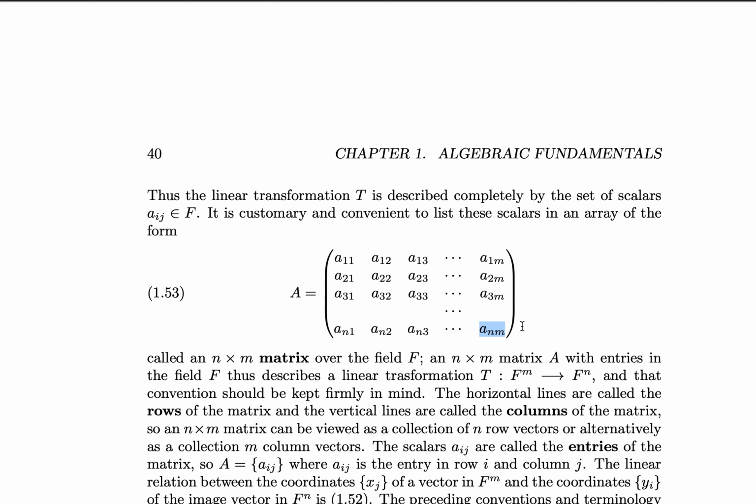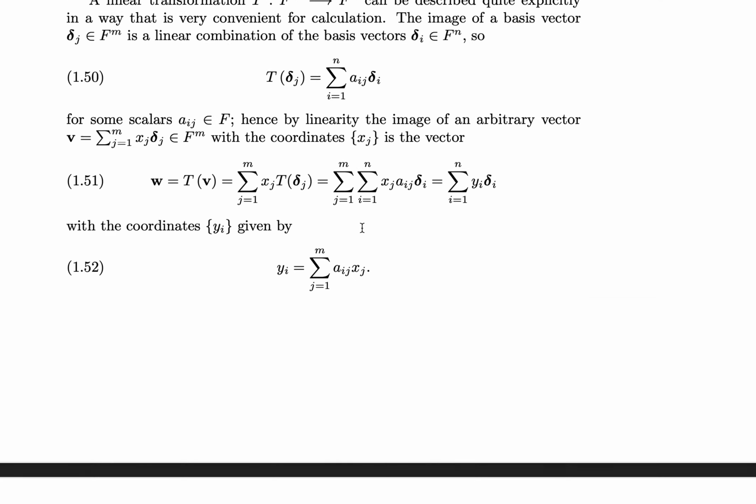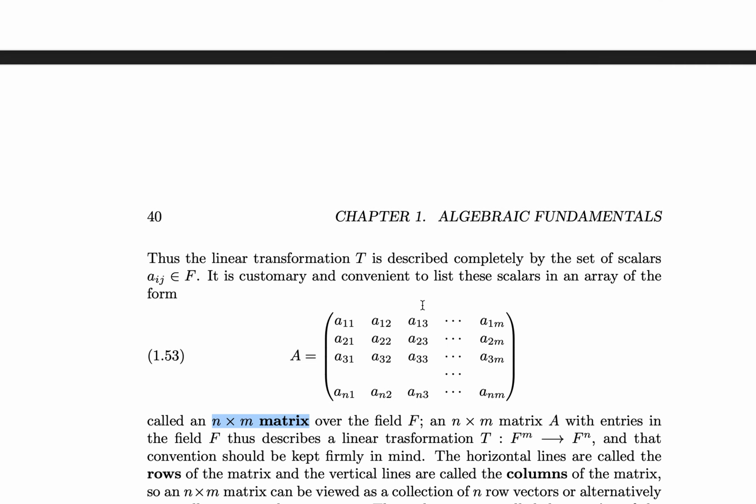One way of remembering this is that an n by m matrix means the linear transformation is taken from F^m to F^n. If you are familiar with matrix multiplication, you can see that by multiplying by an m by 1 vector here to produce an n by 1 vector. We'll see that soon if you're not familiar.